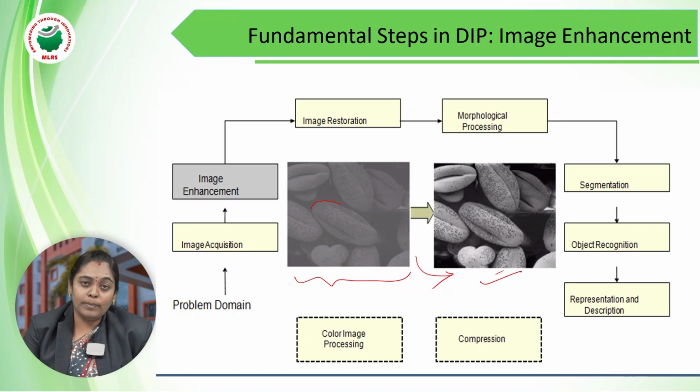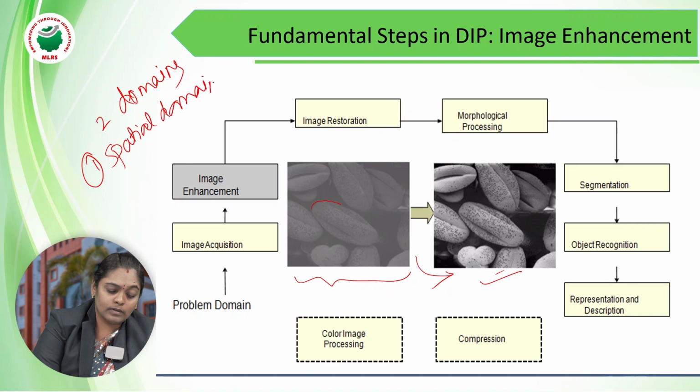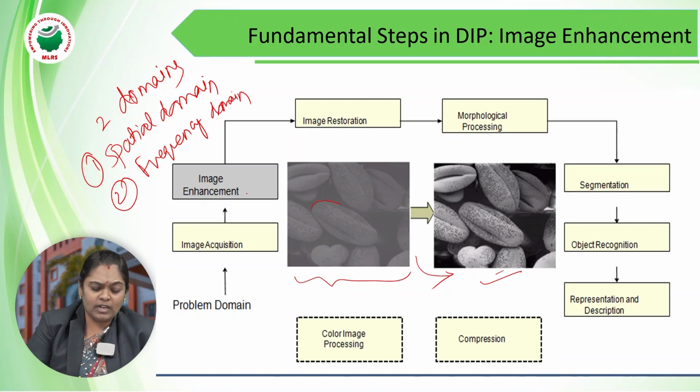Basically, image enhancement can be done in two different domains. One is the spatial domain and the second one is the frequency domain. So image enhancement can be done either in the spatial domain or in the frequency domain.